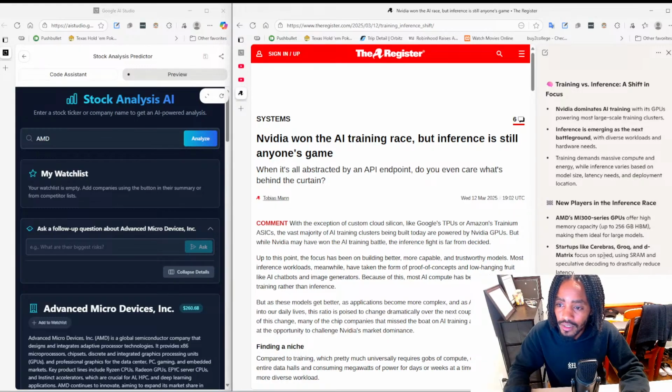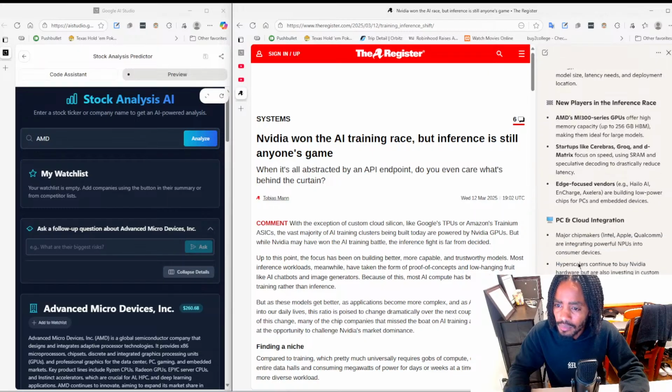Startups like Cerebras, Groq, and D-Matrix focus on speed using SRAM and speculative decoding, PCs and cloud integration. So this is exactly where I think AMD is going to win because of their chiplet capabilities, and because they're more open source, unlike NVIDIA's CUDA model.